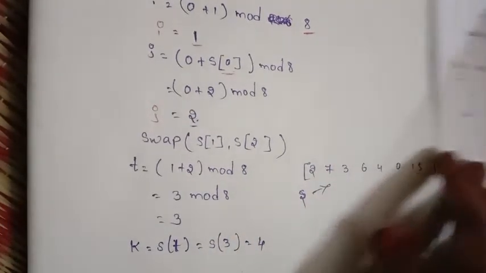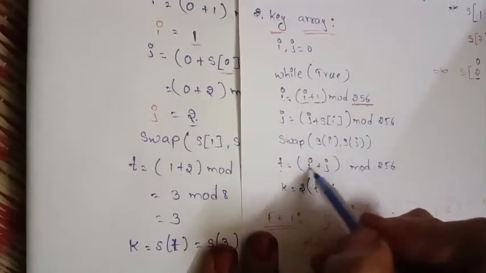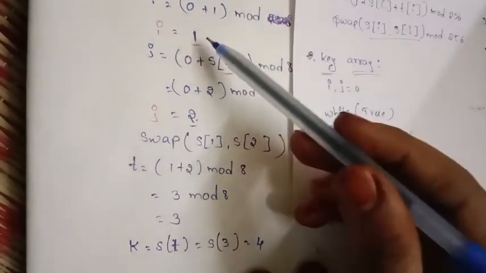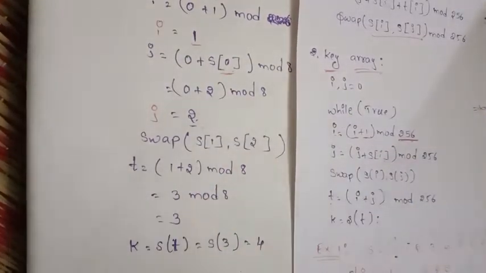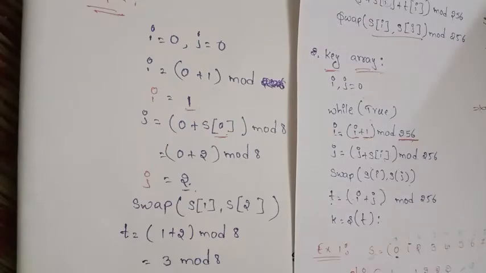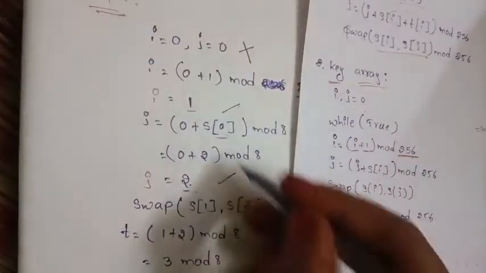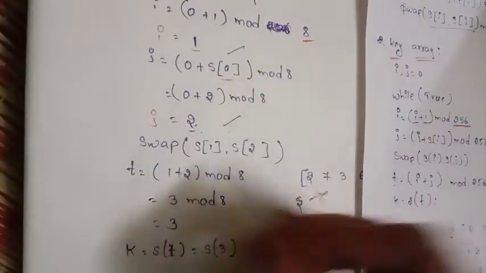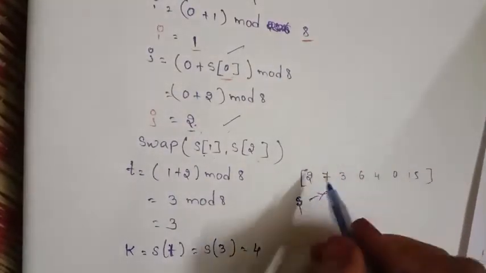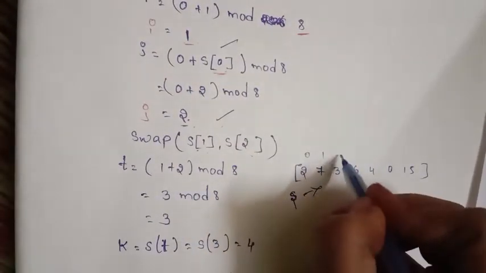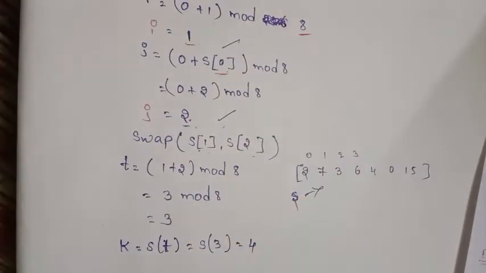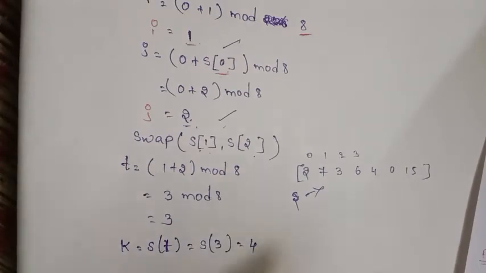Then let us take the t value. t equals i plus j. What are the values of i and j, 1 and 2? Always we need to take the updated values, not the initial values. Just take the updated values, S of 1 and S of 2.